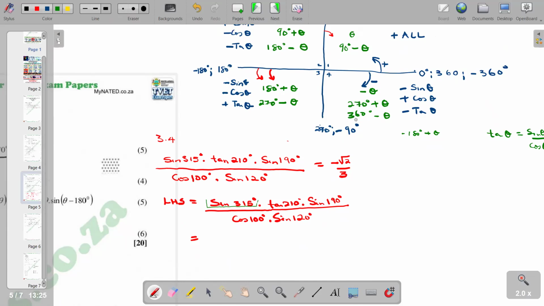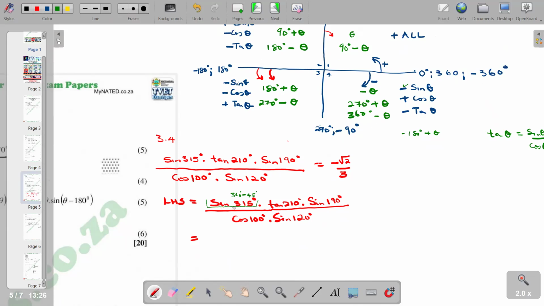We just choose one, so 360 minus. To get 315, it's 360 degrees minus 45 degrees. Remember we said this must be acute. So we now see it's in the fourth quadrant. What is the sign of sine in the fourth quadrant? We found it to be negative.